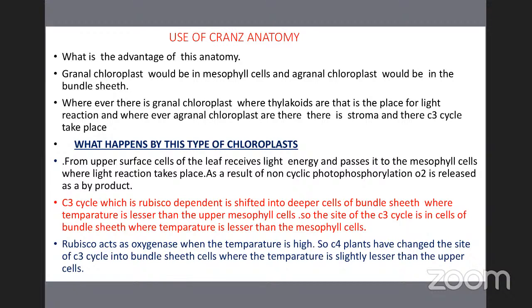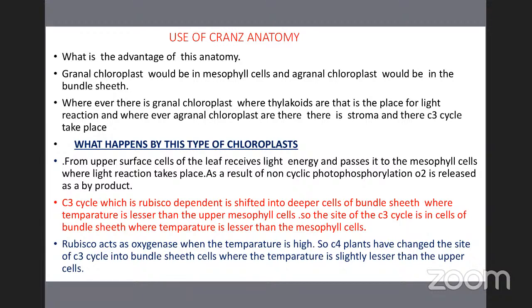Because these mesophyll cells are very close to the upper epidermal cells, and they help in transferring the temperature or photons from the atmosphere into the mesophyll cells. As a result, temperature is high in the mesophyll compared to the lower tissues, and oxygen concentration is also high. Why? Because through non-cyclic photophosphorylation, it comes out as a byproduct.